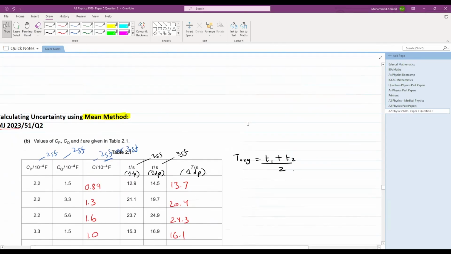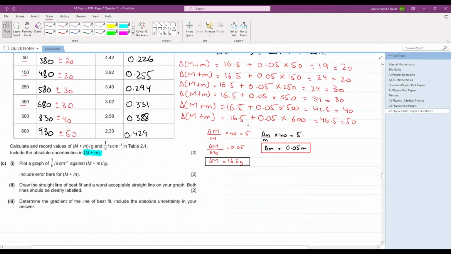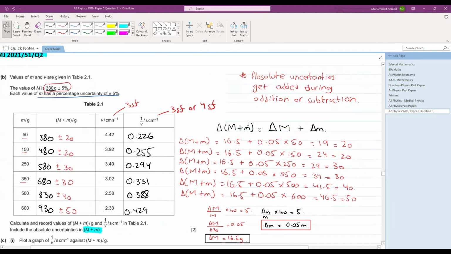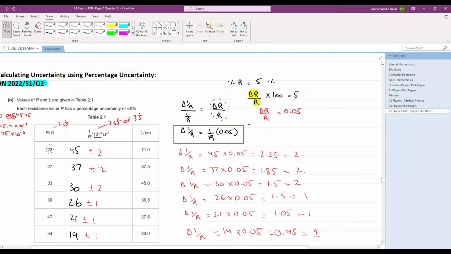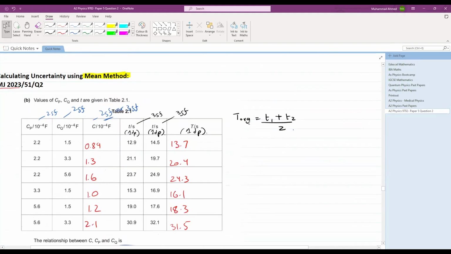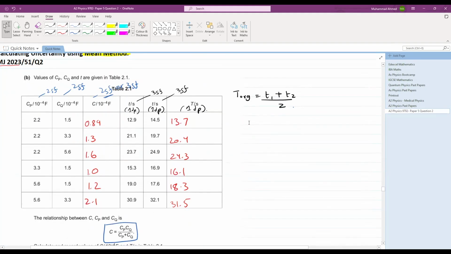Now, see, this is different to the addition or subtraction scenario that we studied. Why? Because when we studied the addition and subtraction scenario, there were two different variables, capital M and a small m. Here, in the mean method, you have the same variable that you are measuring twice and you will be calculating the average. Whenever you are calculating the average or the mean, there is a specific way to calculate uncertainties.